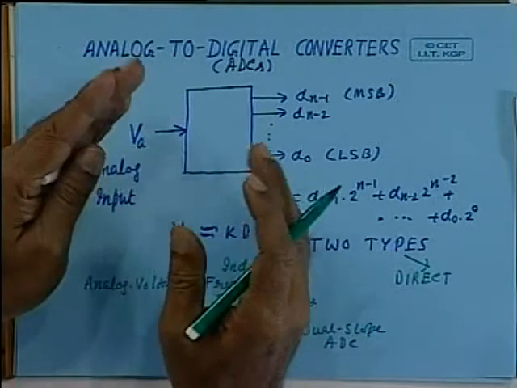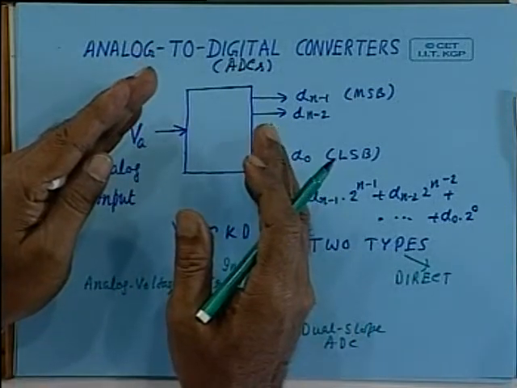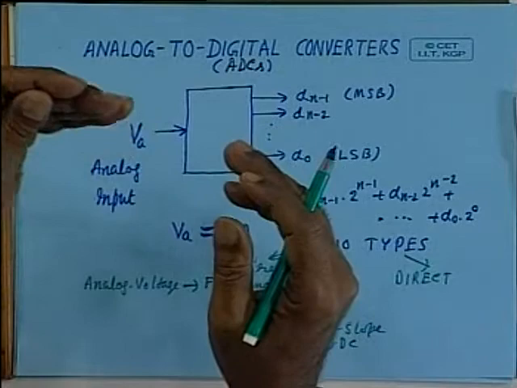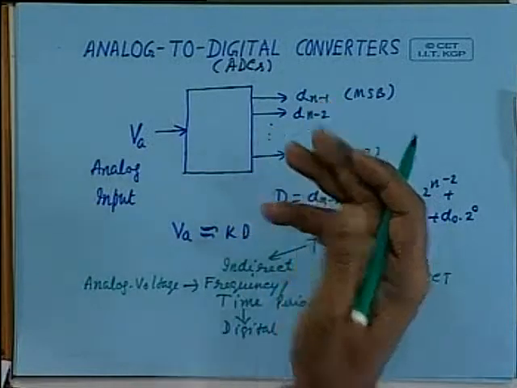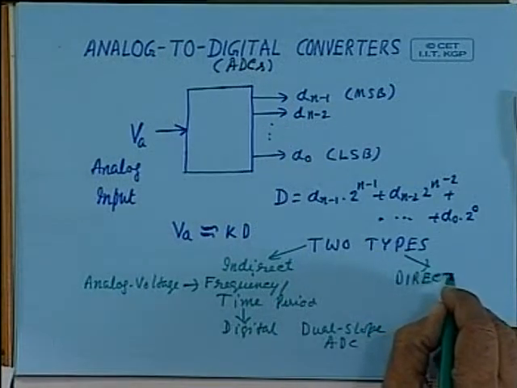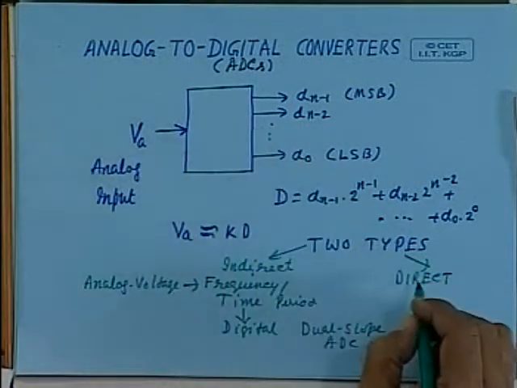The direct type of ADCs usually generate the digital data directly from the analog data.